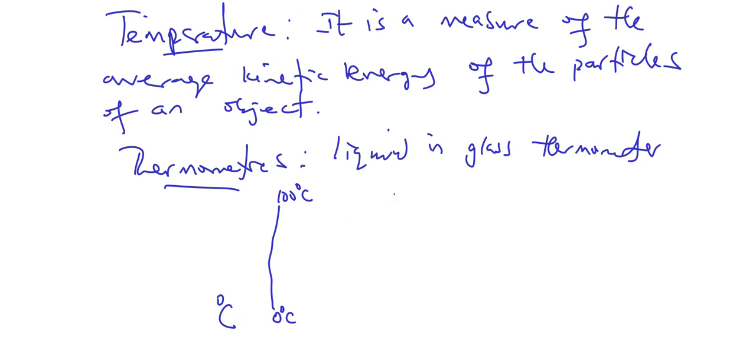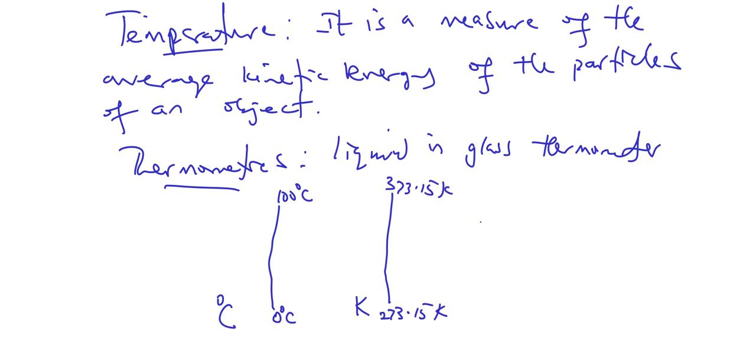Then on the absolute scale, which is the Kelvin scale, there is a shift. Instead of using 0, we have 273.15 Kelvin. That is the temperature on the absolute temperature scale at which ice melts into water or water freezes into ice. Then the temperature at which the water boils will be 273.15 plus 100, which is 373.15 Kelvin.